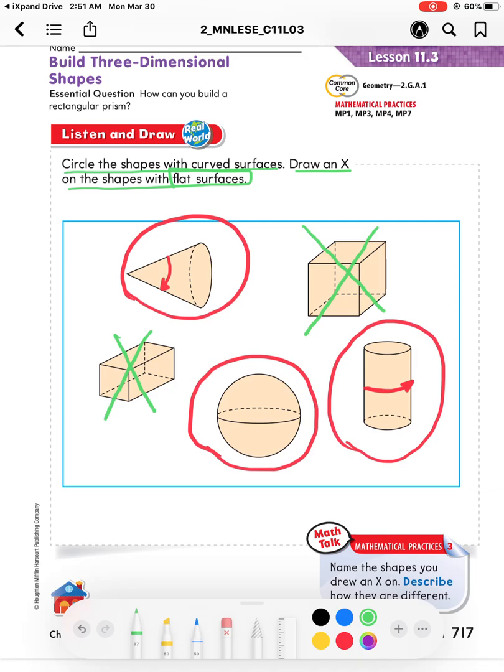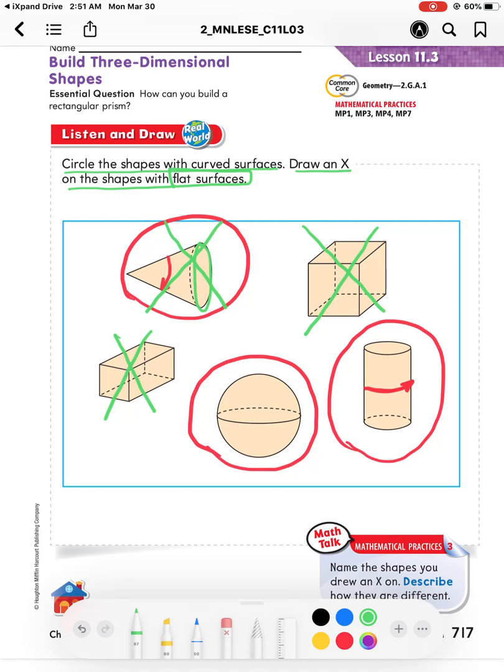Does it have a flat surface? As we have seen in what Rima and Maria sent, a cone has a flat surface on which it was standing still. This is the flat surface that the cone has. So, we will draw an X on the shape.